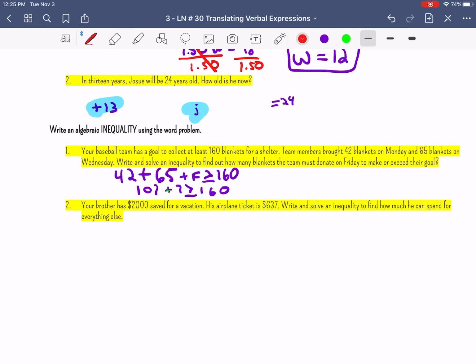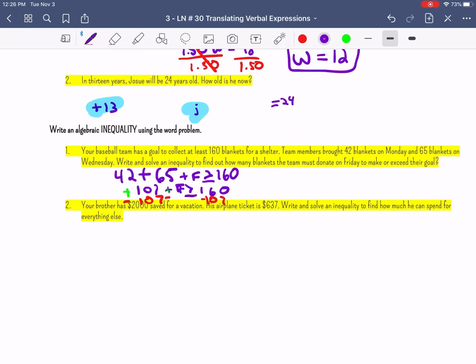So we're going to do the inverse and subtract. Oh, no, this is Friday. So 107 is positive, so we're going to subtract 107 from each side.